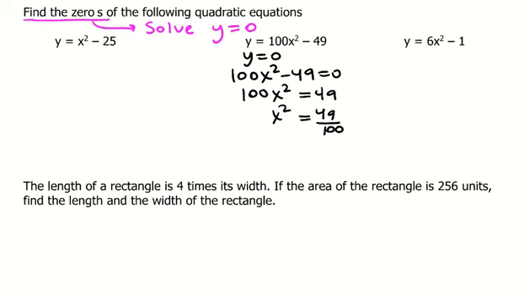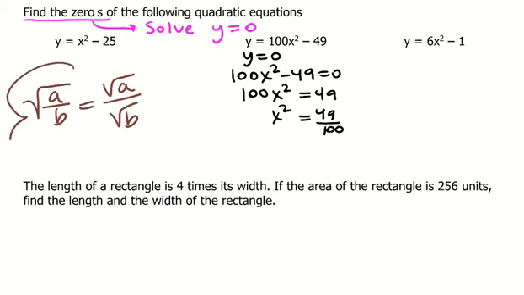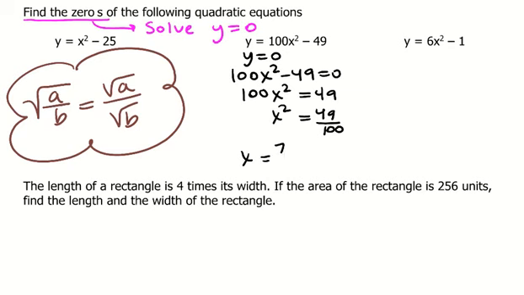Now another square root property that I guess I didn't think to give y'all is the square root of a divided by b. We can take those square roots separately. So when I take the square root of both sides, I'm going to have the positive or the negative square root of 49 divided by 10.